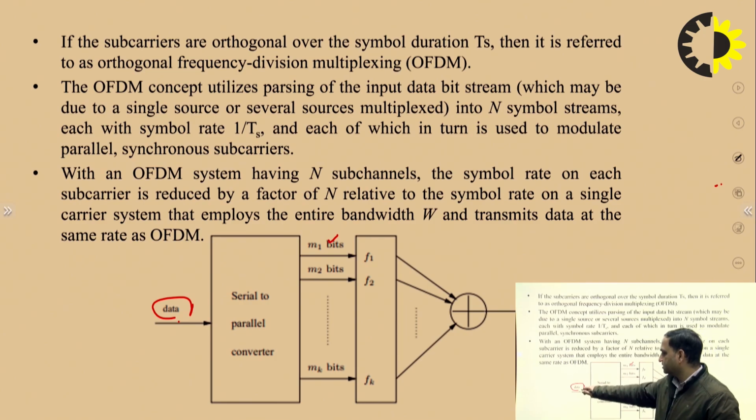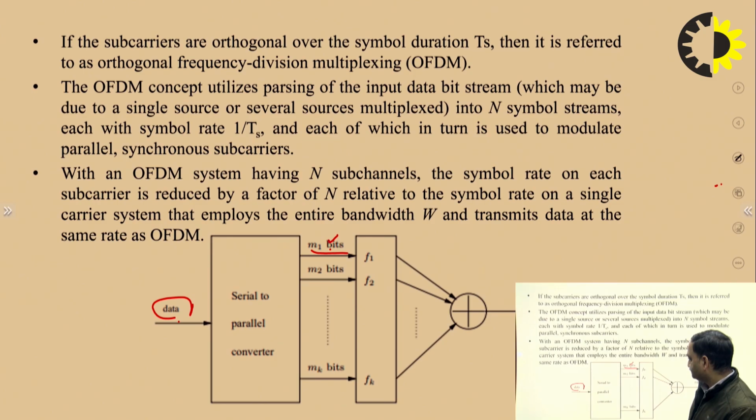First of all, the data is converted by the serial-to-parallel converter. The M1 bits are there, M2 bits are there, and MK bits are there. Okay, then each set of bits is modulated by different subcarriers.